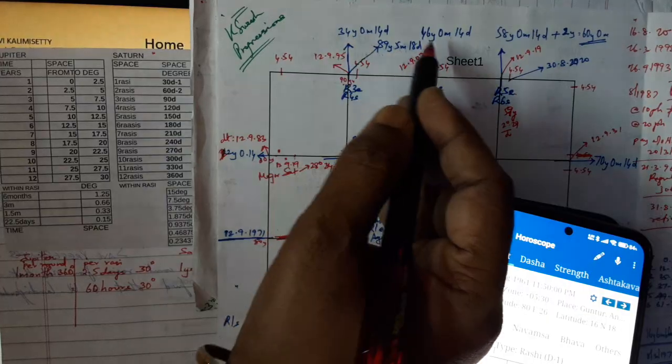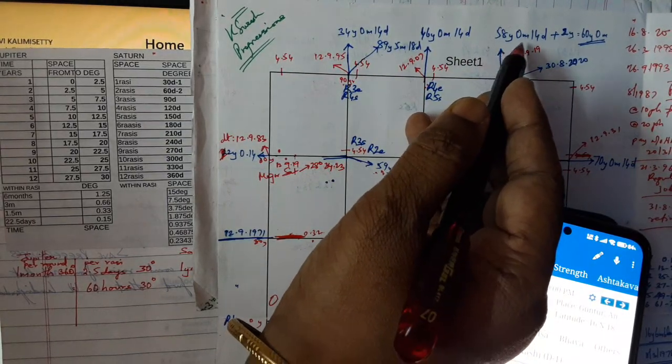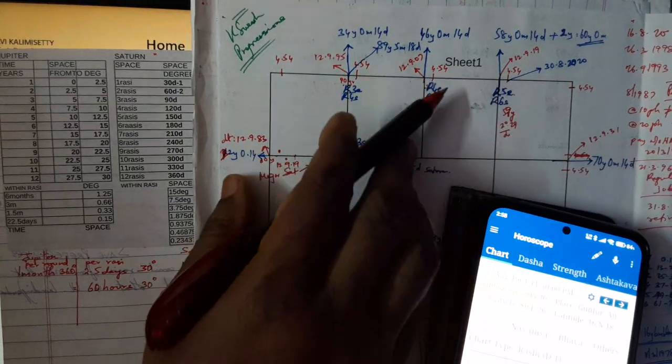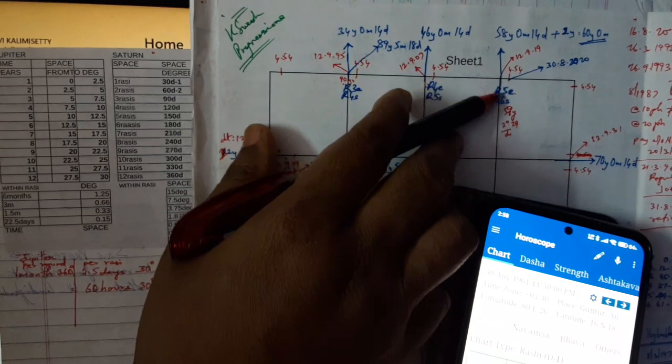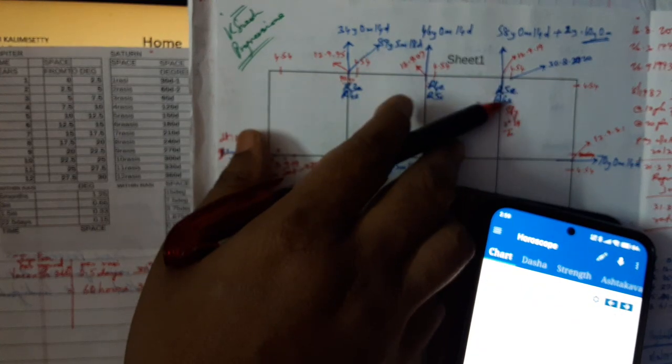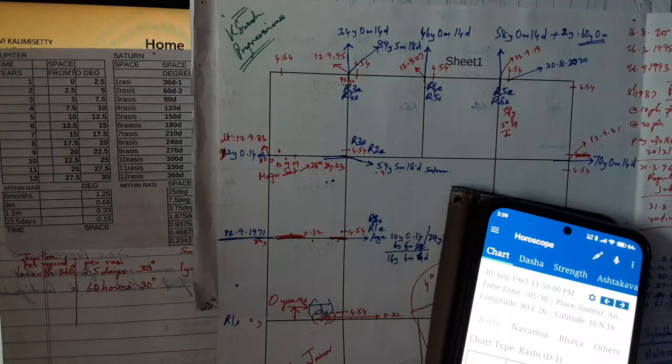And 34 add 12 comes to 46. And so on will be 58, 0, 14 days, which we have already seen in the video. And this is at this wall of Gemini, 0 degrees Gemini. The native age will be 58 years, 0 months, 14 days. I think all of you have got the point.